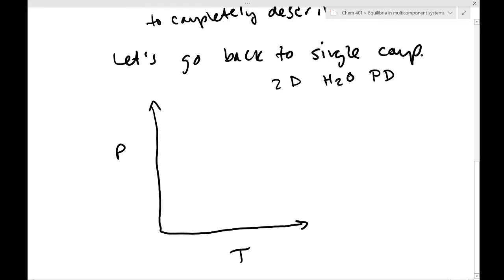This is the two-dimensional H2O phase diagram. We have this sublimation line here, then we have the triple point, then it goes up like that, and then it comes over this way. Up here we have the critical point, and we have a solid here, a liquid here, and a gas here.